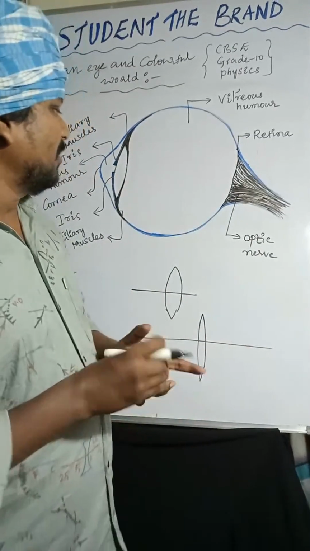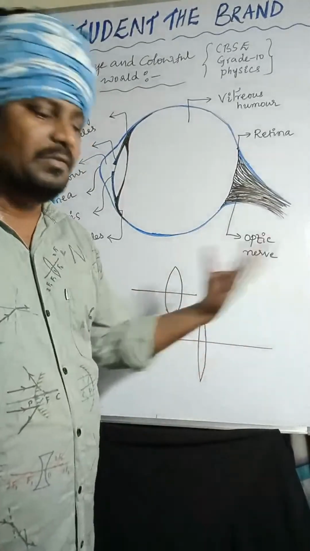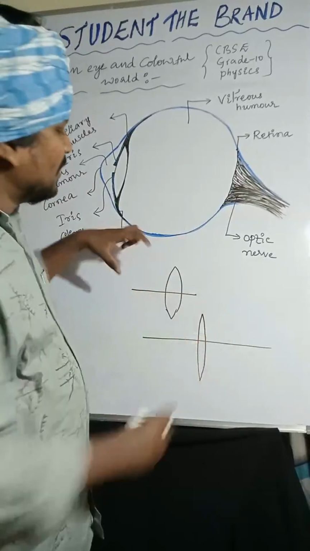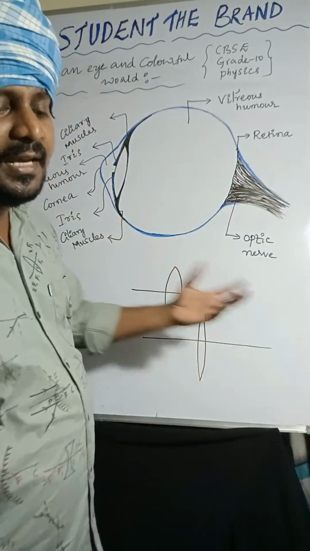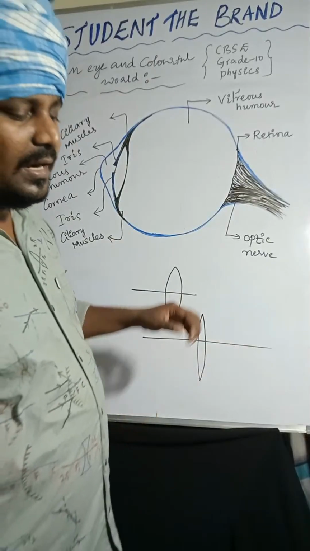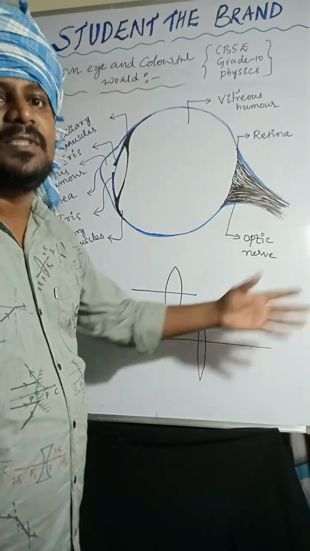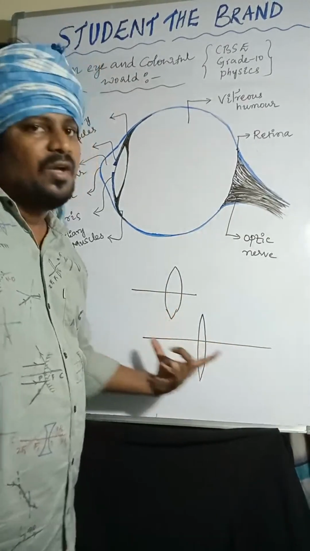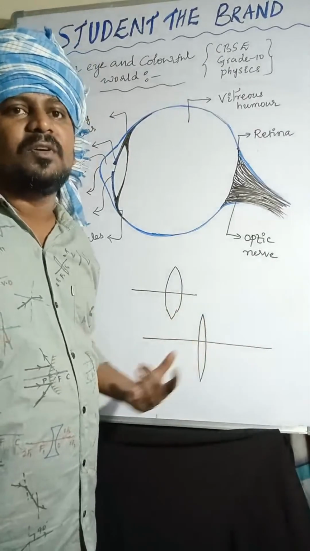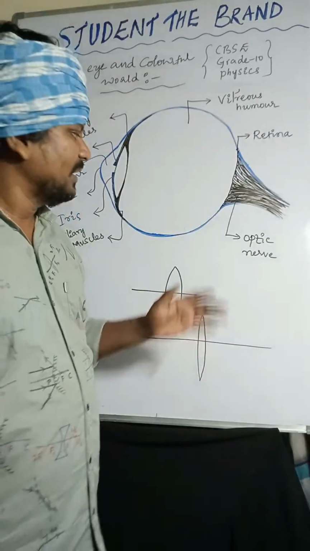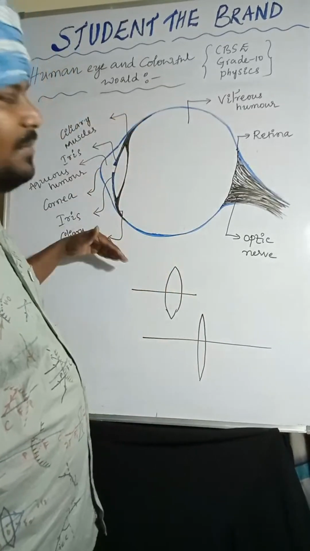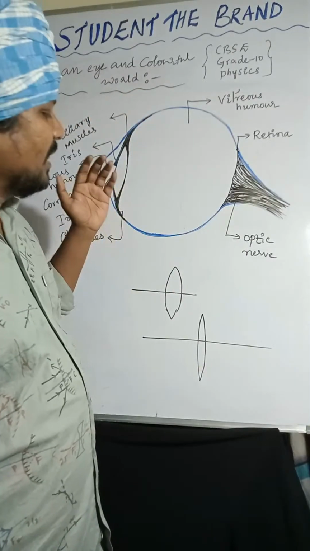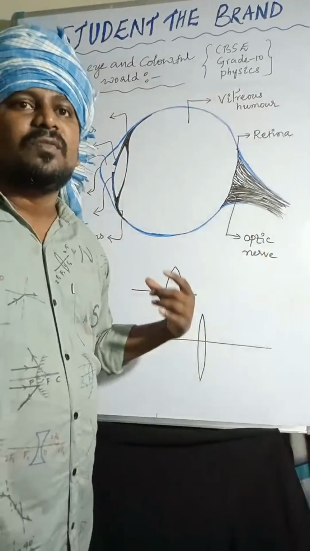Once again, when we are seeing a nearby object, the eye lens becomes thick, so the focal length decreases. When seeing a far distance object, the eye lens becomes thin, the focal length increases. So with the help of ciliary muscles only, we can see the nearby object as well as the far distance object.